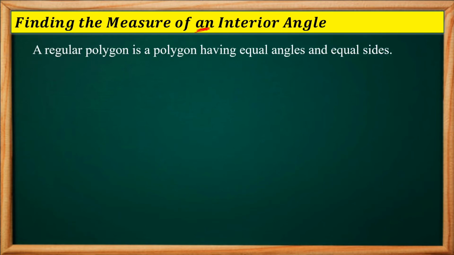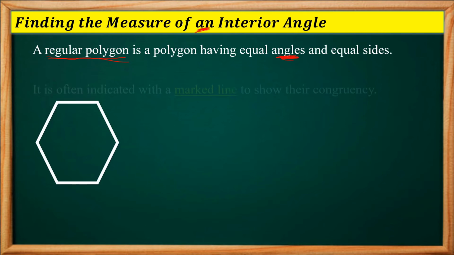Okay, it applies only on the regular polygon. When it is irregular, it is difficult because the measurements of their angles are different. If it is a regular polygon, then it is easy because all angles are equal.